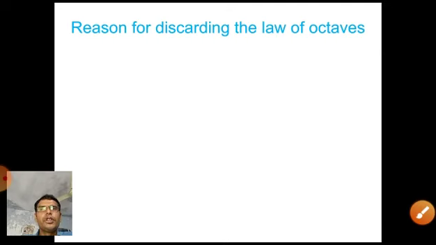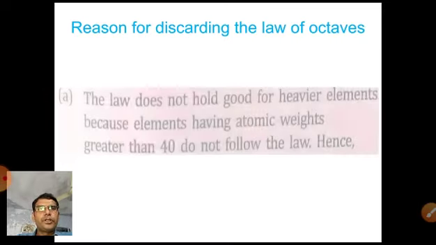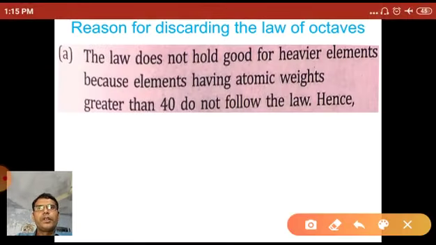Now, the reasons for discarding the law of octaves. Why was Newland's octave law discarded by the scientists? What were the reasons? The first reason is the law does not hold good for heavier elements having atomic mass greater than 40.